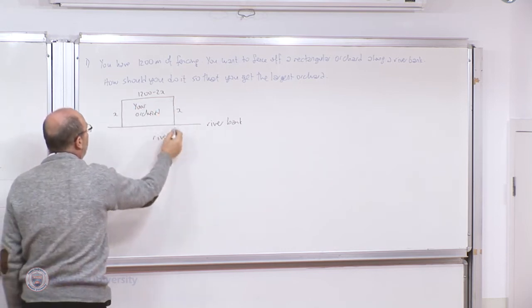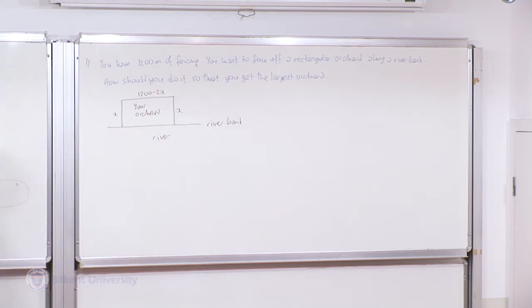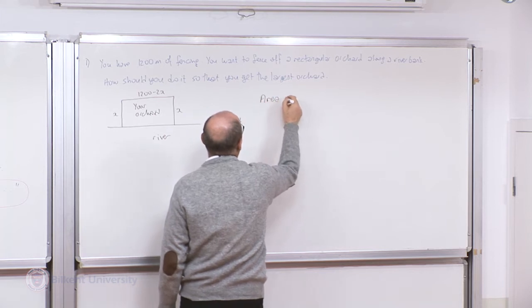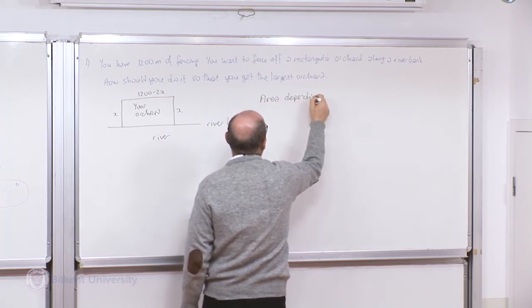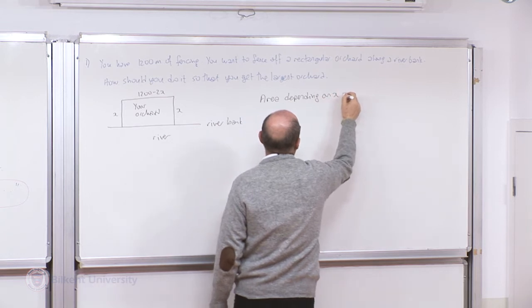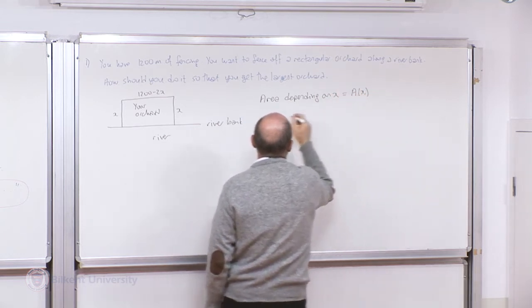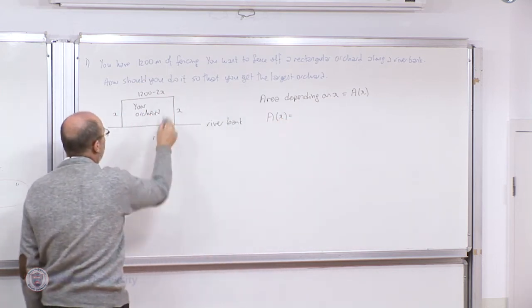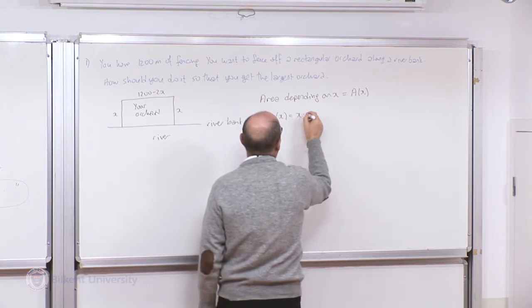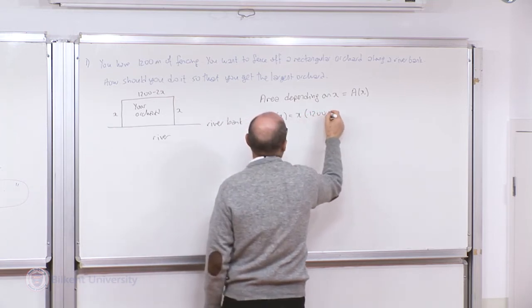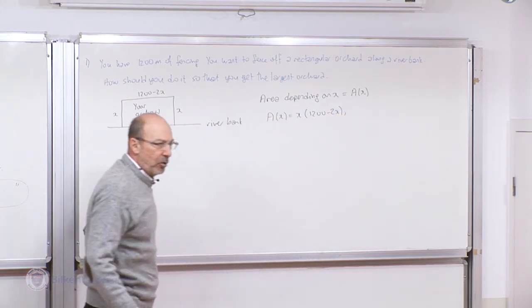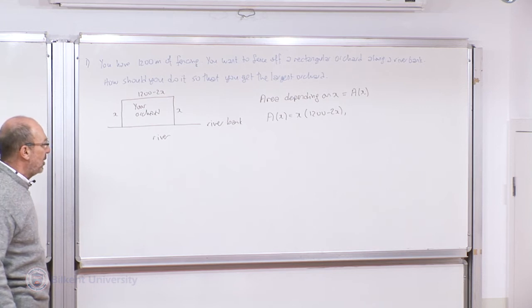So the sum of these things should be 1200. Okay, and you want the area depending on x, A of x, and you write a formula for A of x. So it is x times 1200 minus 2x.